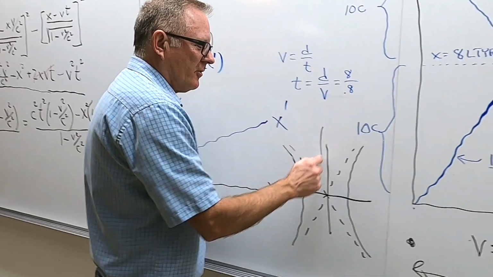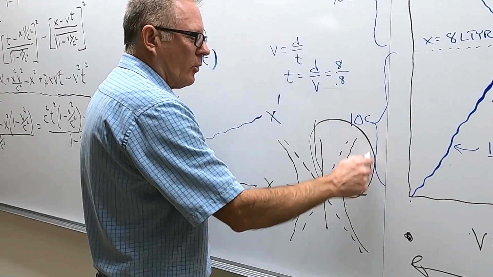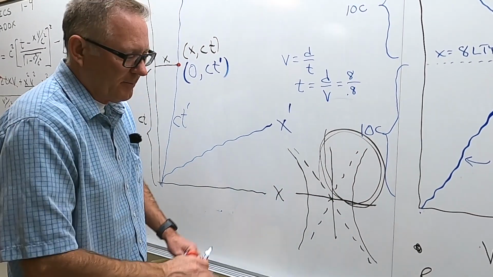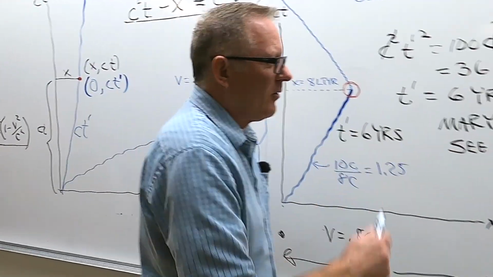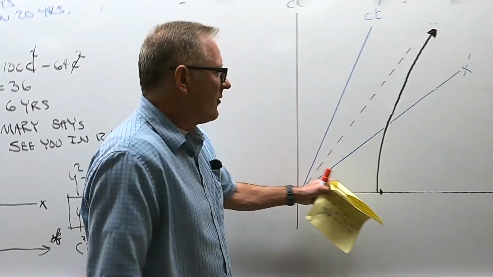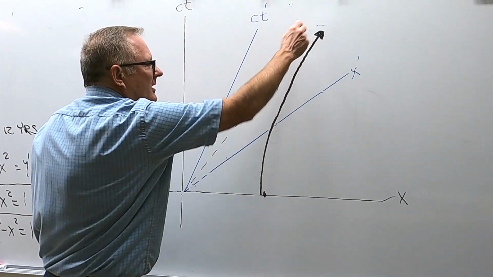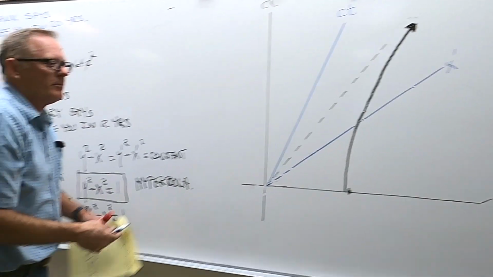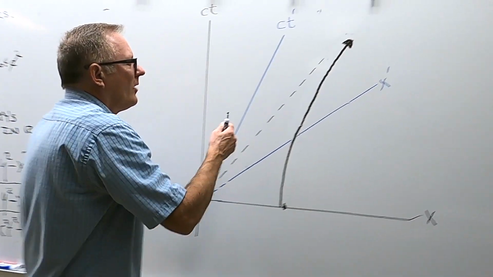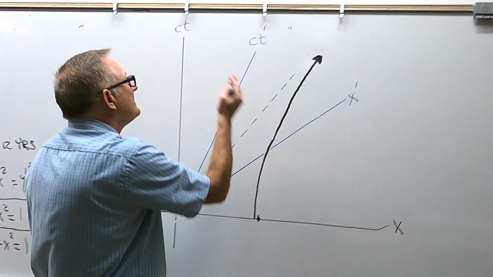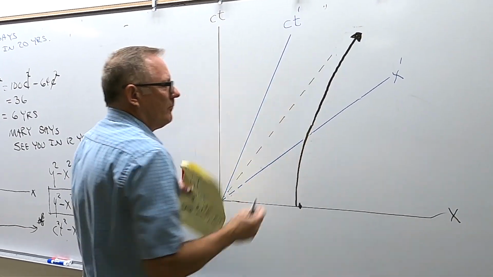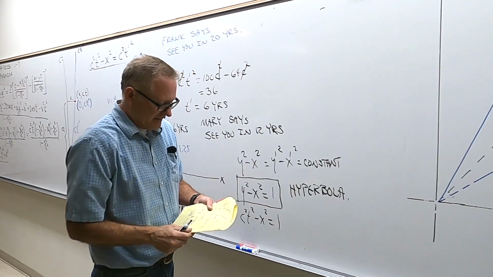Well, I'm just going to draw this first quadrant for a minute. I don't care about the rest. I just drew the first quadrant there. So this thing keeps going down and it goes up like that. There'd be one over here too, but I don't draw it. And so again, here's my x and my ct, and here's Mary's frame, x prime, ct prime.